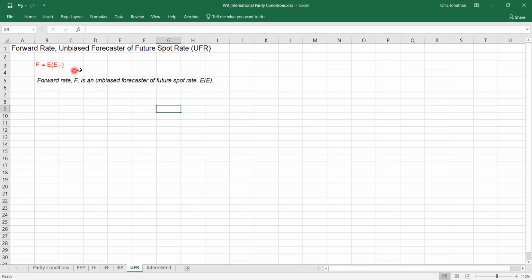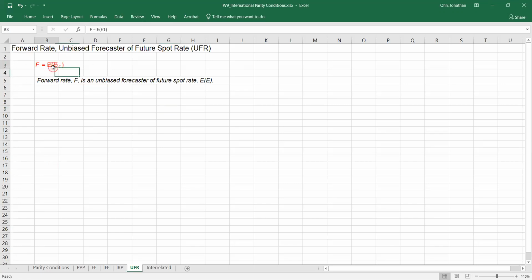That makes sense, actually. The forward rate is not just randomly determined. The forward rate is determined based on the banks', the foreign exchange dealers', best expectation about the future spot rate.